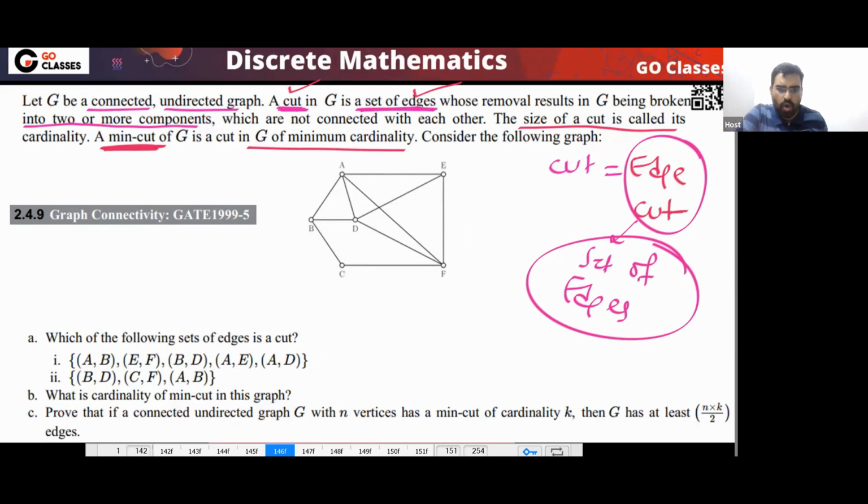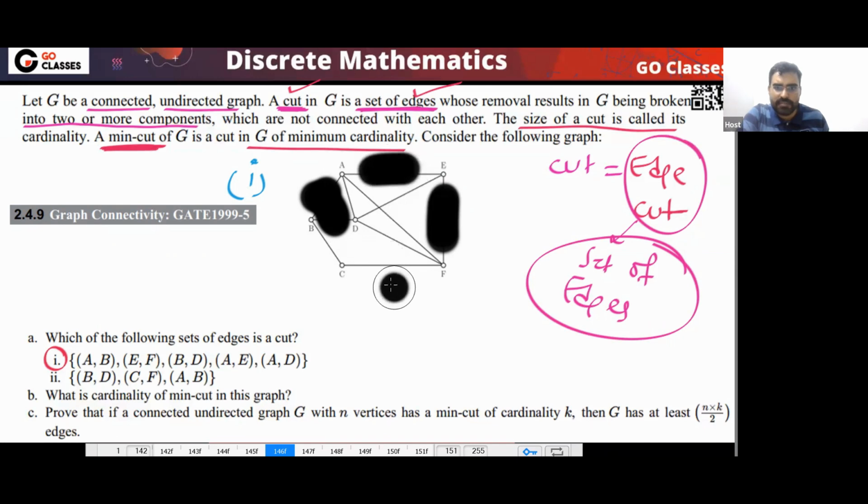Check it out. Let's check option A, option 1. Is this an edge cut? The question is saying that if you remove this AB, let's remove this EF, let's remove this BD, let's remove this AE, let's remove this AD.